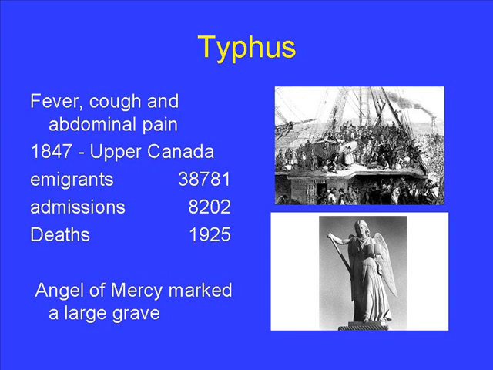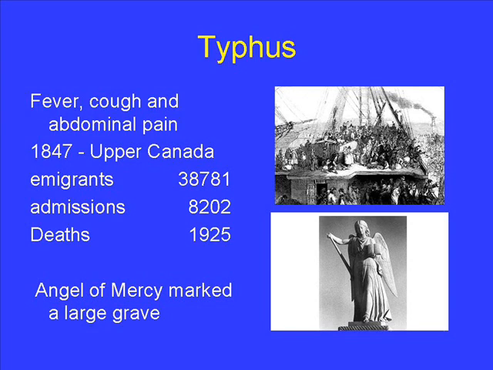Now, insofar as Upper Canada is concerned, in 1847 there were 38,000 immigrants who left Montreal and came down the river and had to go through Kingston to arrive at whatever destination they were aiming for in Upper Canada. Between Kingston and Toronto, there were identified by the Department of Health 8,000 admissions, or people who were sick with typhus at the time they arrived.